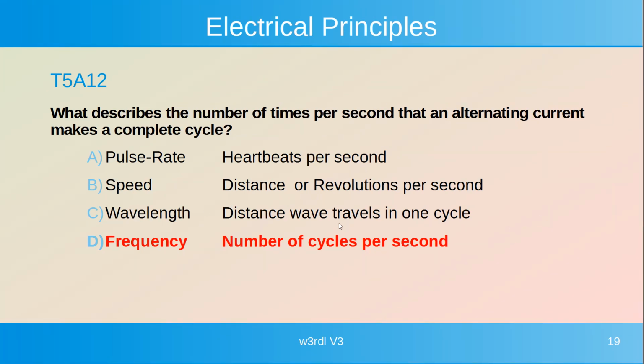Wavelength, we'll talk about in a little bit, which is how far the wave actually travels in one cycle. So it's like the period, which is the number of seconds for a wave or a cycle. Well, if it's traveling at the speed of light, then it's the speed of light times that time. That would give you how many meters or inches or whatever, which we call the wavelength of that cycle.